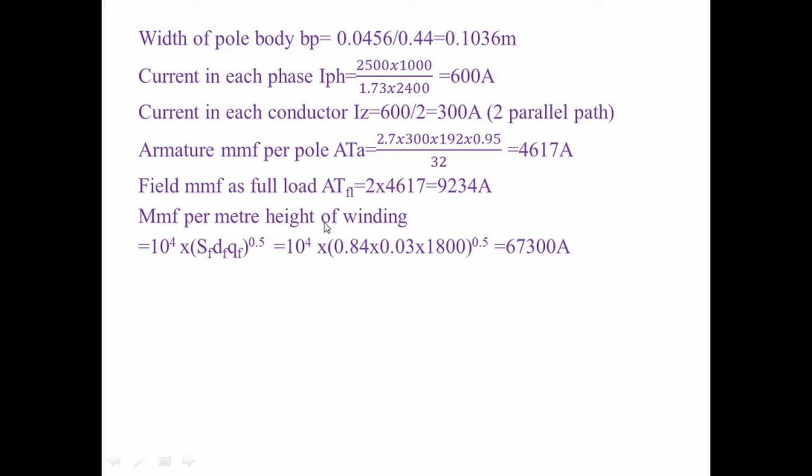So MMF per meter height of the winding is given by the equation 10 to the power 4 under square root of SF into DF into QF. So 10 to the power 4 into SF is 0.84, into DF is depth of the winding 0.03, into QF is 1800, under square root.